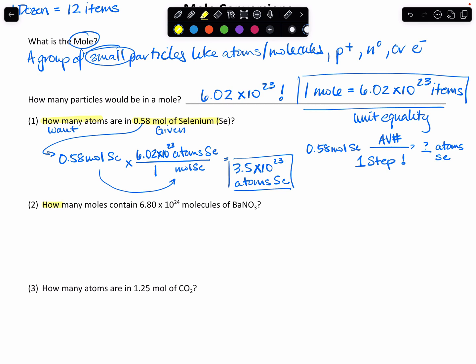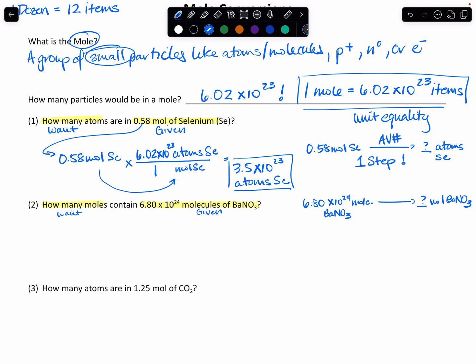All right, this one says how many moles contain 6.8 times 10 to the 24th molecules of BaNO3? All right, so again, here is my given, and here's what I want. So I've got 6.80 times 10 to the 24th molecules of BaNO3, and I want to convert that into moles of BaNO3.